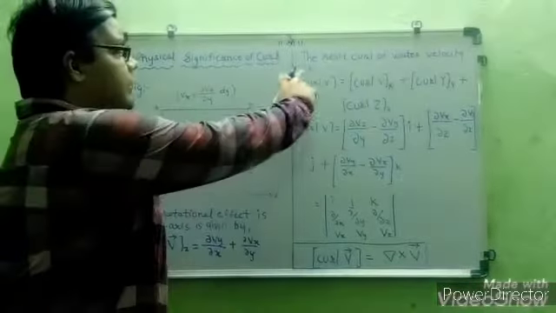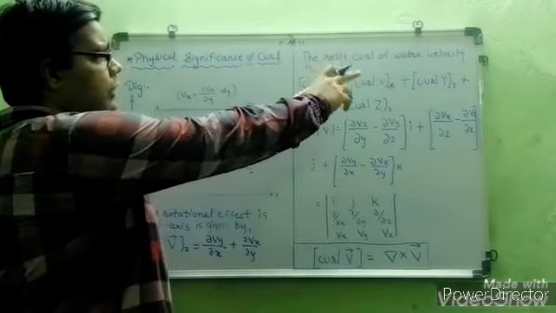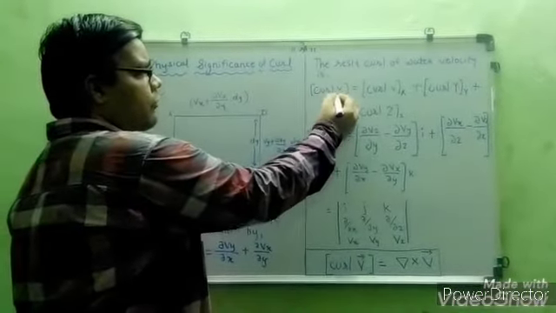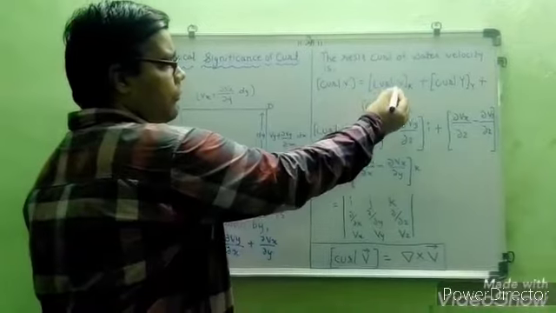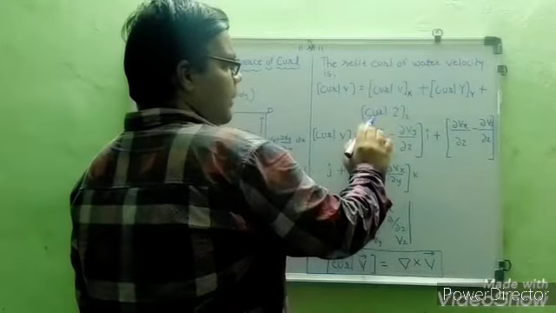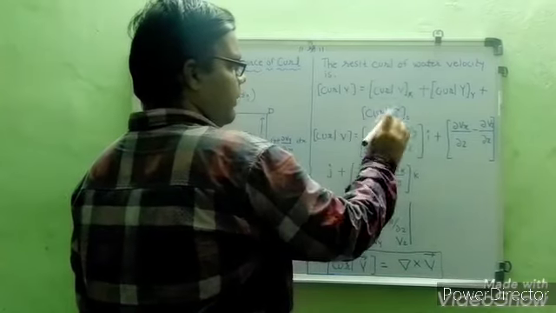After that, the result of the curl of water velocity, the formula for that: curl of v equals curl of v of x plus curl of v of y plus curl of v of z. Okay.